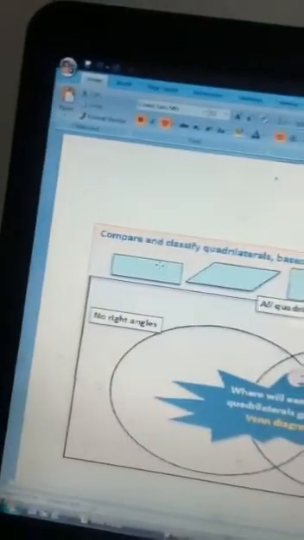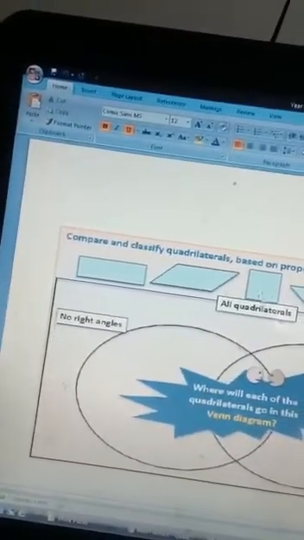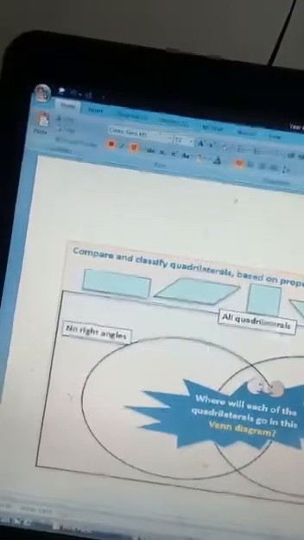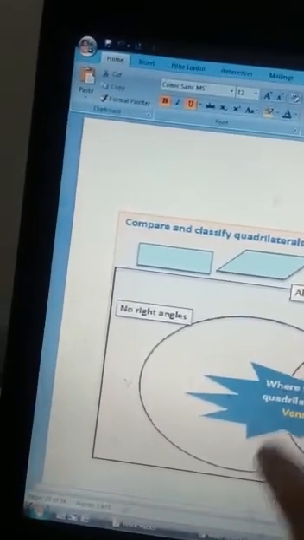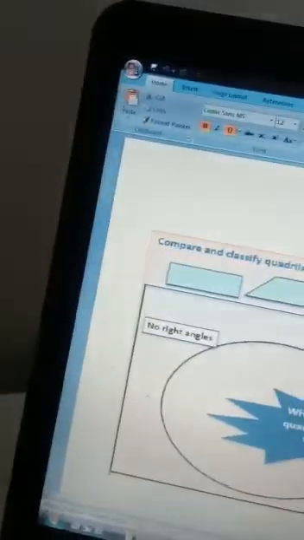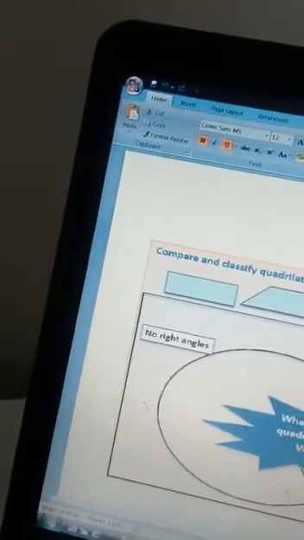If you put these 5 quadrilaterals under these terms, so no right angles should go in this box, and 2 lines of symmetry should go in this area, and in the middle should be ones that have no right angles but have 2 lines of symmetry. There are some answers there. Anything that doesn't fit into those criteria should go outside the box.